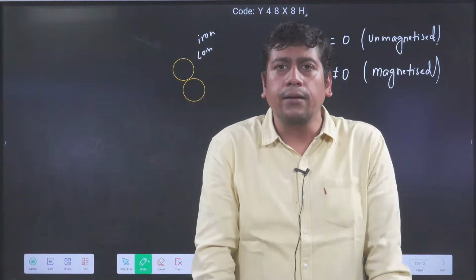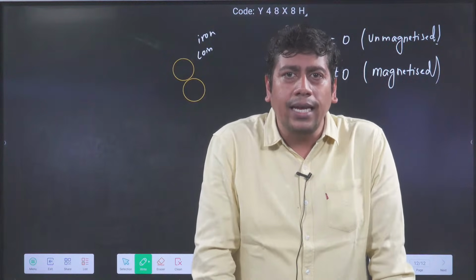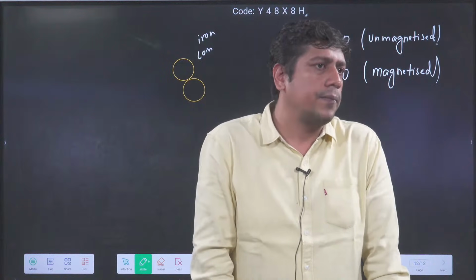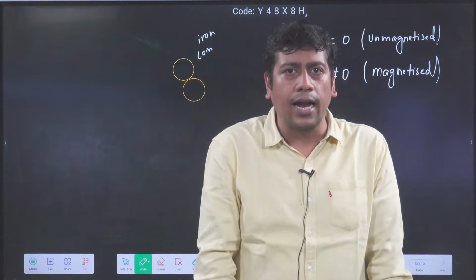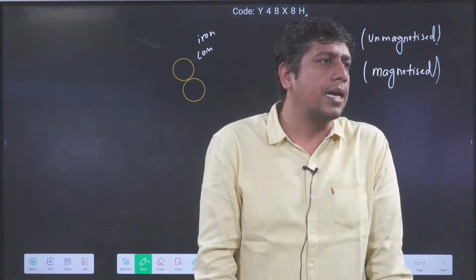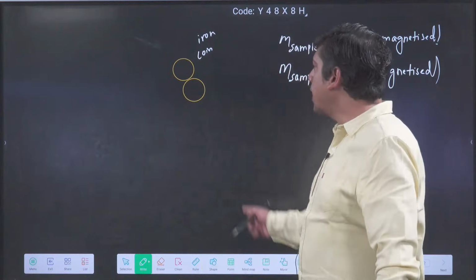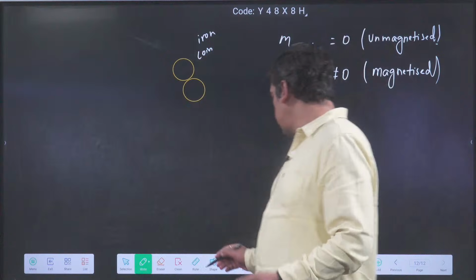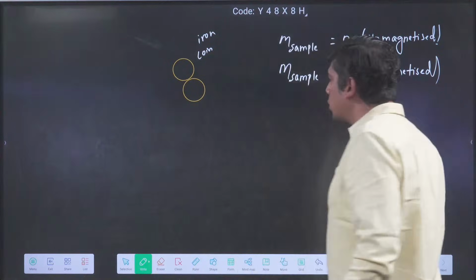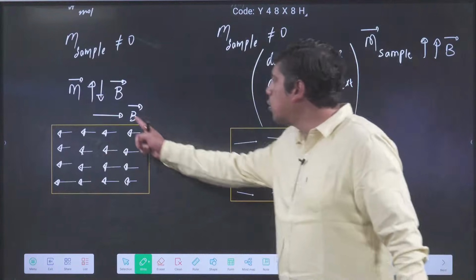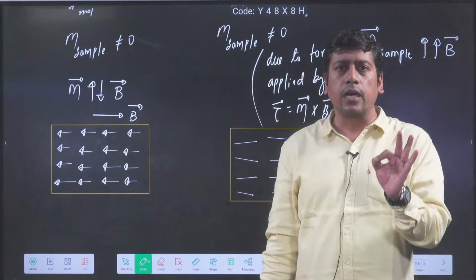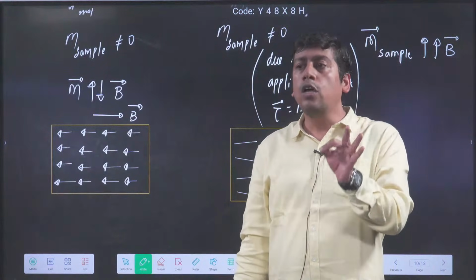An unmagnetized thing will not show any response, or will not attract or repel any other material. A magnetized material can show response to the magnetic field. That's why an iron coin is not able to attract another iron coin. But M sample becomes non-zero in presence of an external magnetic field.